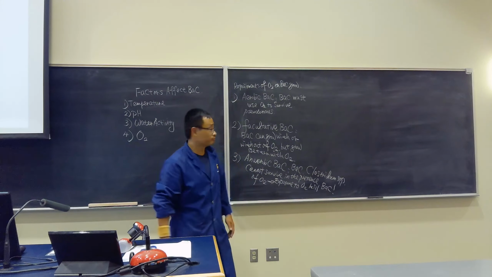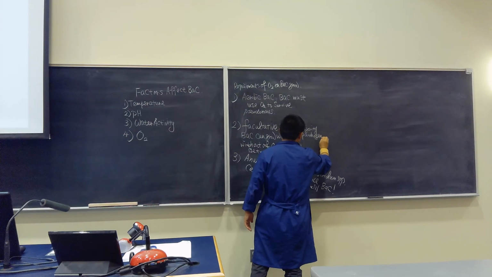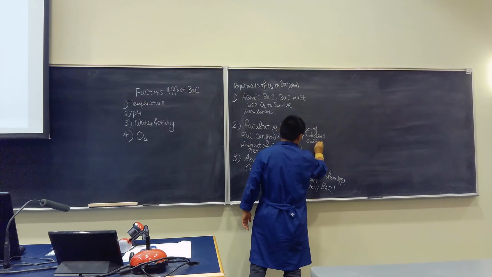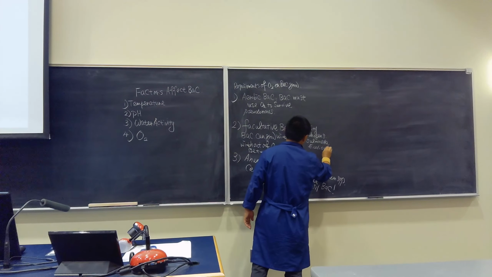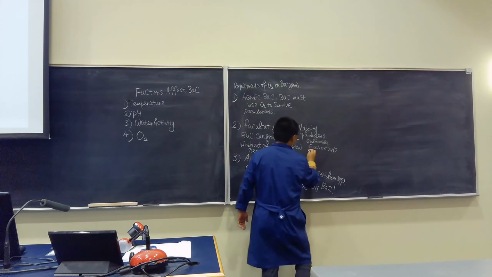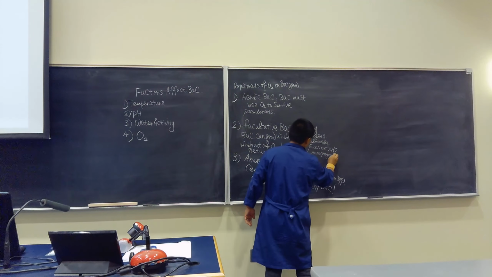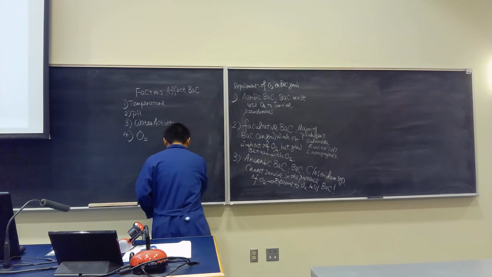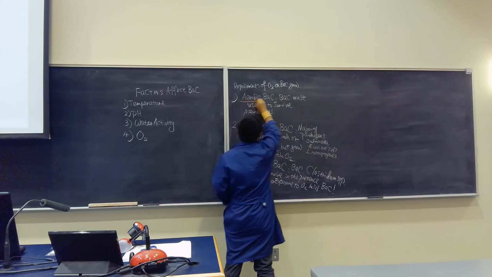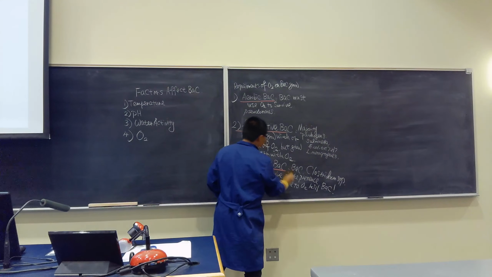Most of the bacteria, I would say the majority of pathogens, for example Salmonella, E. coli O157:H7, and Listeria monocytogenes. All these major foodborne pathogens are facultative bacteria. So these are the three major categories: aerobic bacteria, facultative bacteria, and anaerobic bacteria.